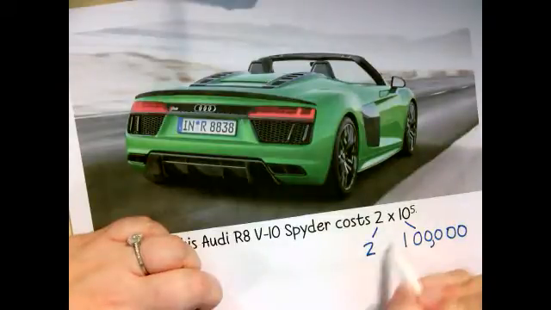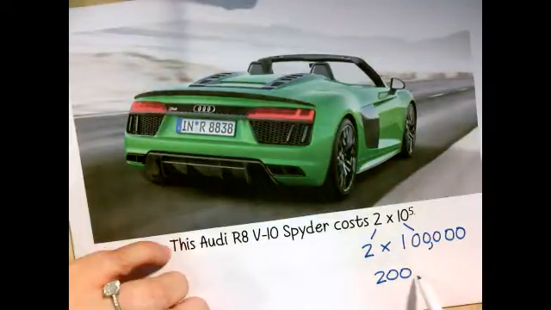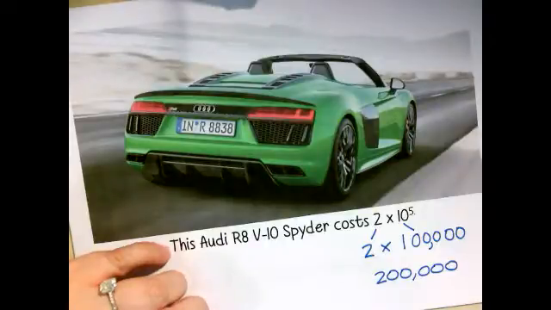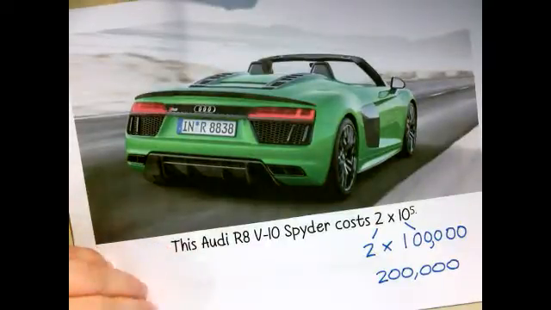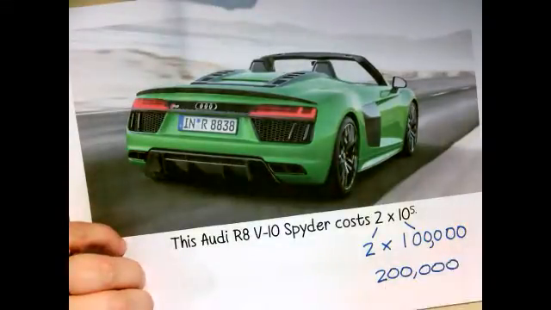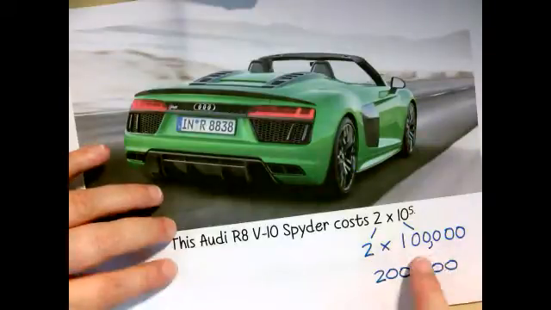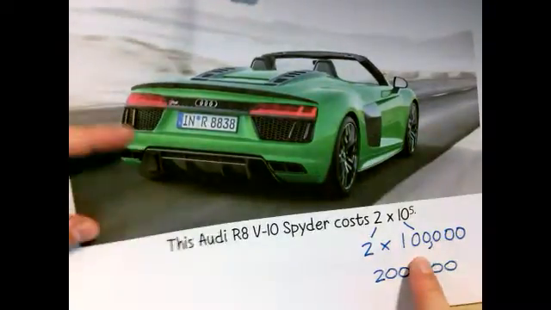So then I have 2 times $100,000, which means this little Audi Spider costs $200,000. Okay, so let's move on. On August 28th, our class went over lots of these examples, so if you need to go back and get the recording.